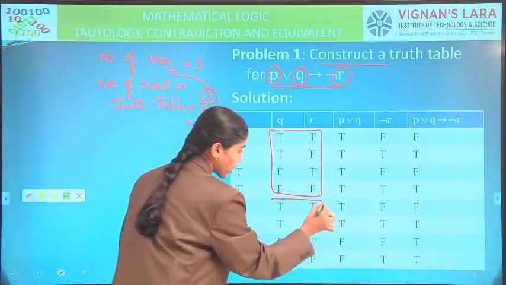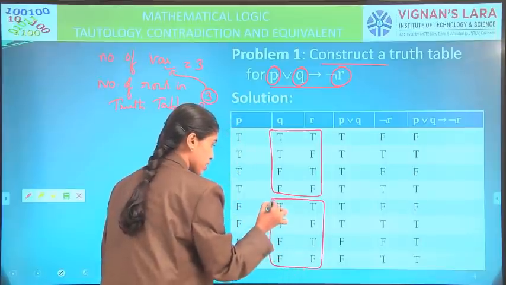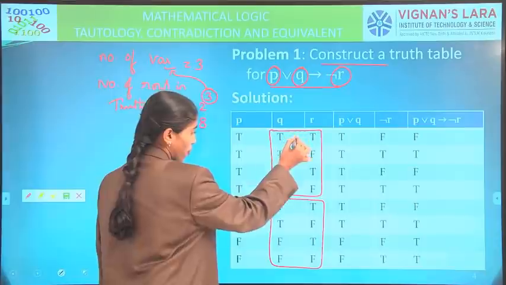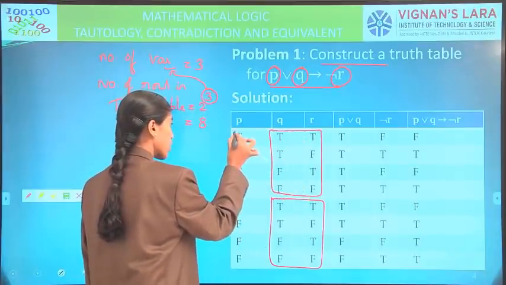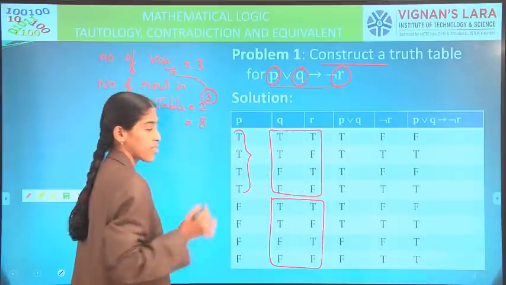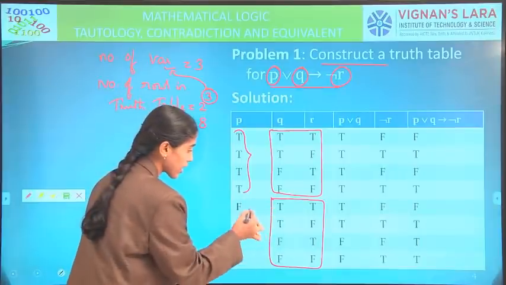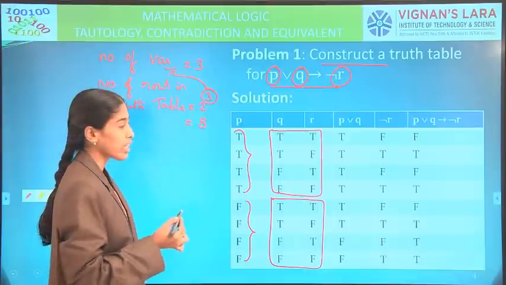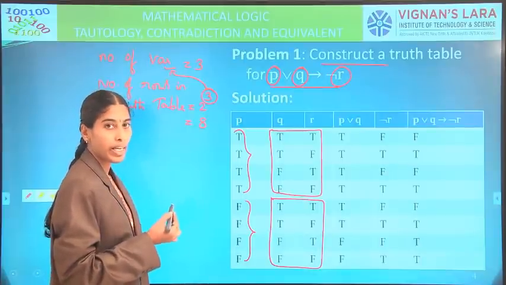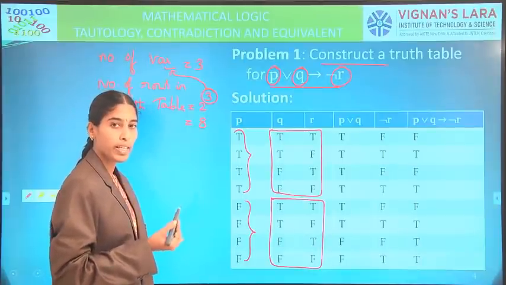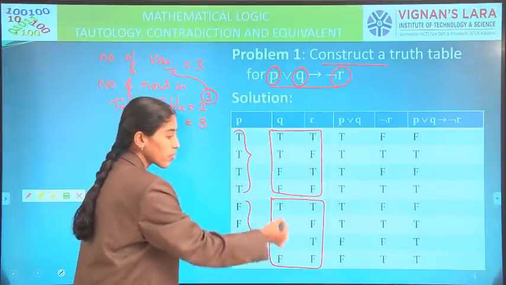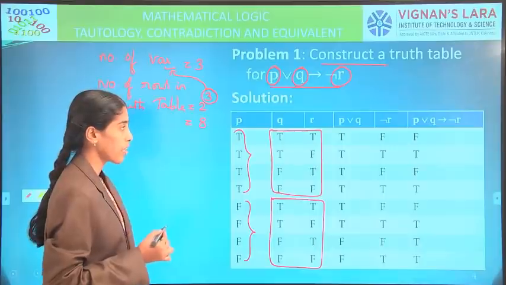Write the 2 variable combinations twice. After that, before the first set, write all T's, 4 T's. And before the second set, write all the 4 F's. Then you can easily identify the 8 possibilities without repeating any one and without missing any combination. Like that we will get 8 possible combinations.